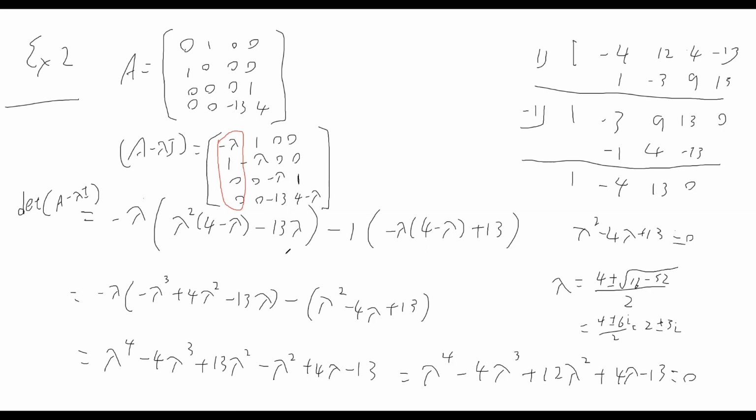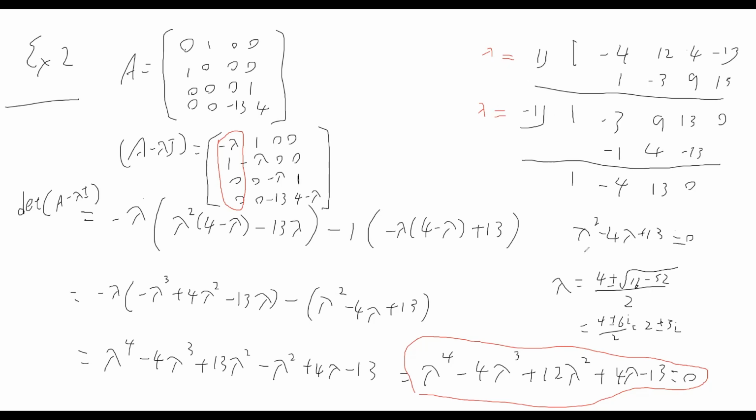All right, and you get a very long equation like this, and at the end this is your characteristic equation right here. And to solve this, I actually use the remainder theorem to check 1 and -1. So 1 is a root of the characteristic equation. That means lambda equal to 1 is an eigenvalue, and also -1 is another eigenvalue.